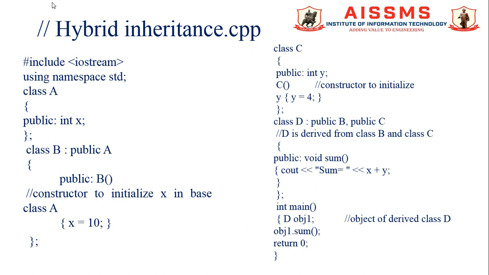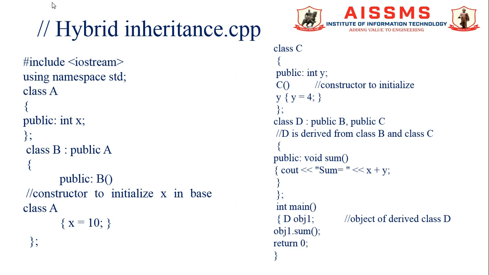Suppose a class A has a member function enterData which is inherited by class B and class C. Therefore, we have two copies of the same function in different classes.